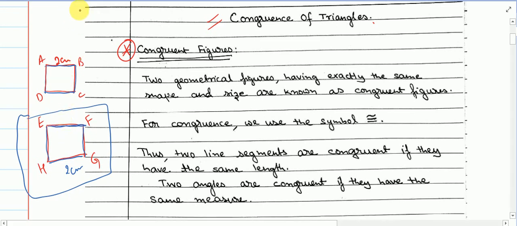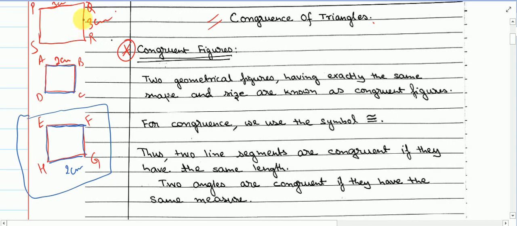Suppose I have one more square, let's say P, Q, R, S, and here the side is equal to 3 centimeter. If you take this square whose side is 3 centimeter and try to overlap it on the other, it's not possible because this side is 3 centimeter and here it's 2.